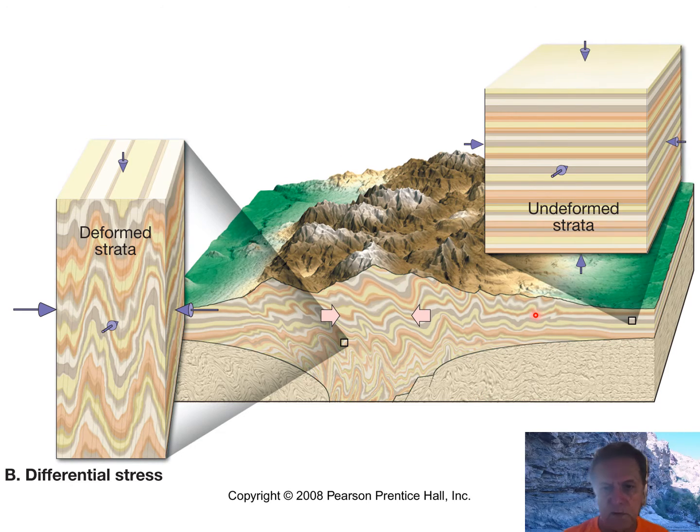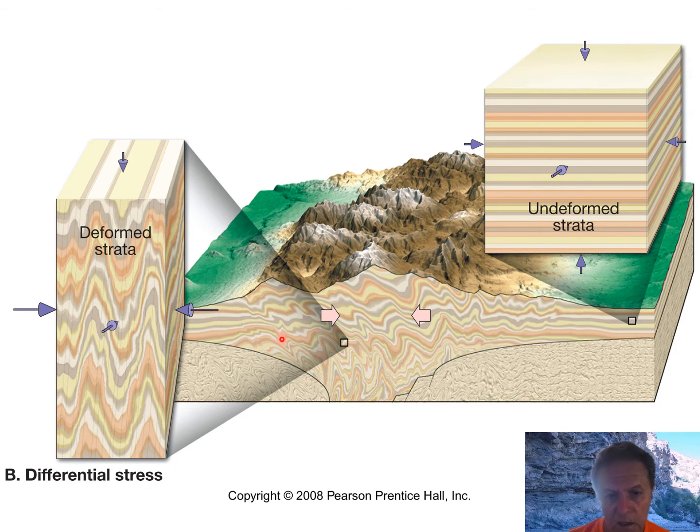This, as you know, is a phenomenon of a convergent tectonic boundary, convergent collision zone. Now you have more pressure in this direction than you have in this direction. So as a consequence of this differential pressure or differential stress, the strata then become deformed.